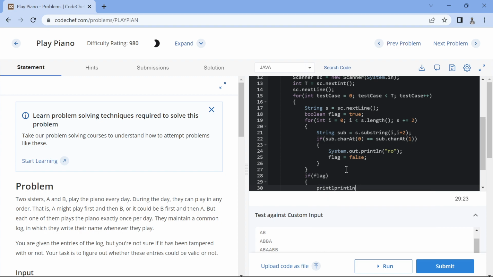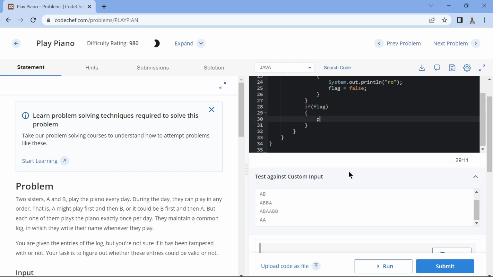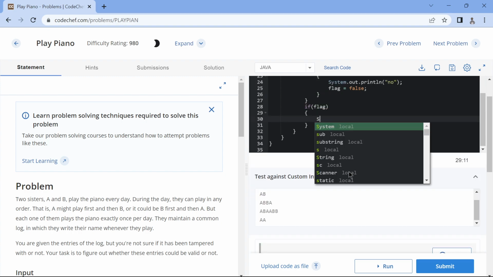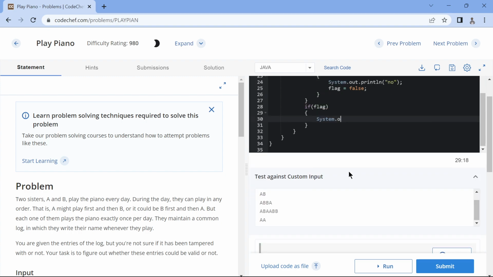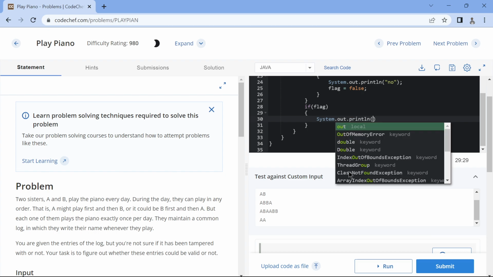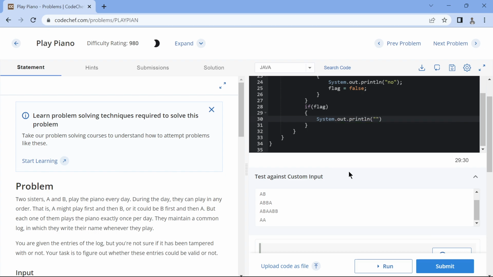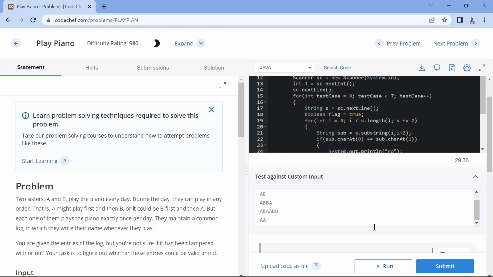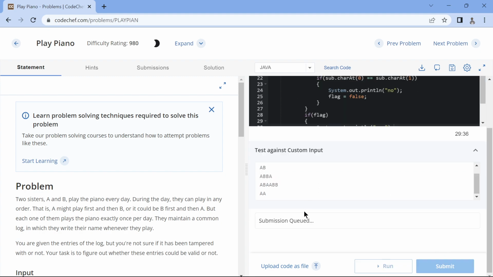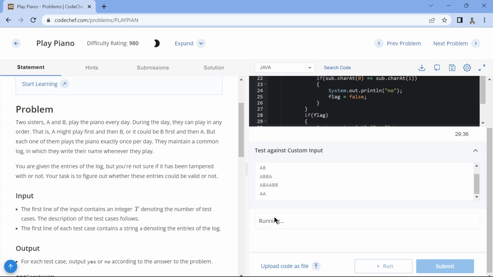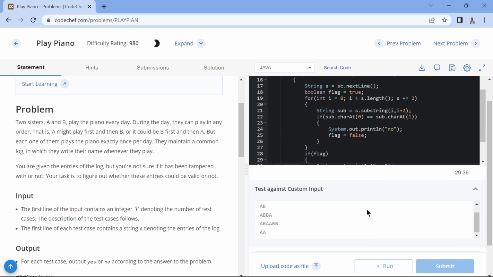Sorry about the lag. Now would this work? Interesting.